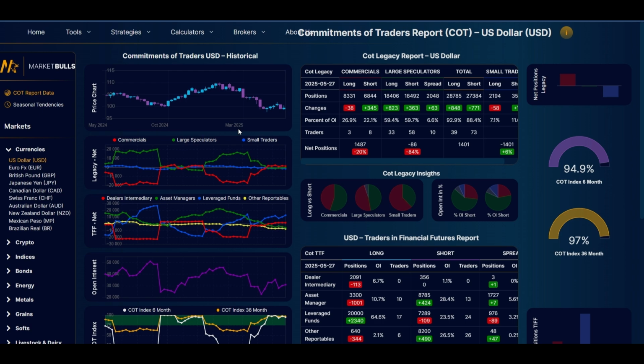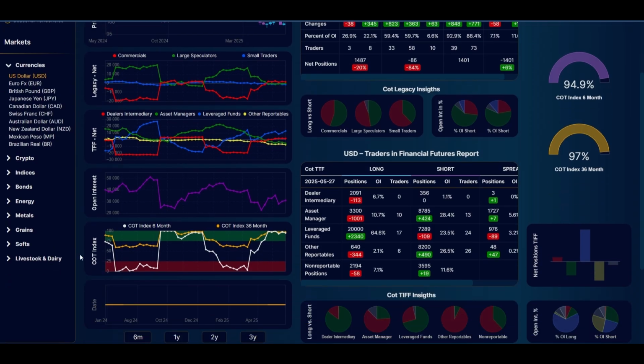So you have currencies, where commercials, large speculators, and small traders represent parts, and we're going to go into detail about what they represent specifically for currency, but also in crypto, indices, bonds, energy, metals, grains, softs, livestock, and dairy.